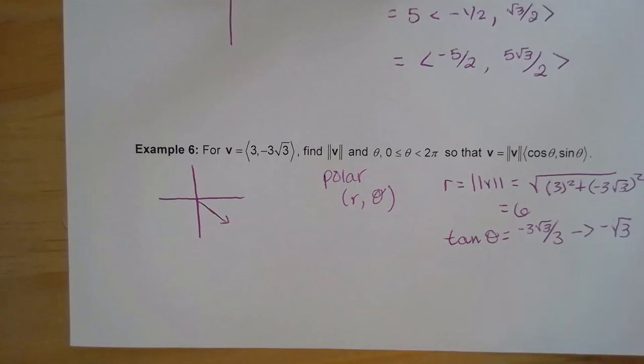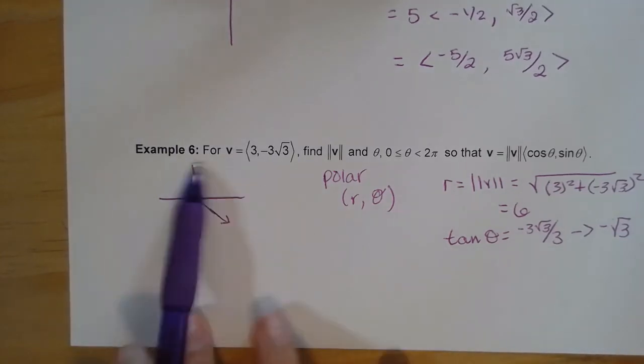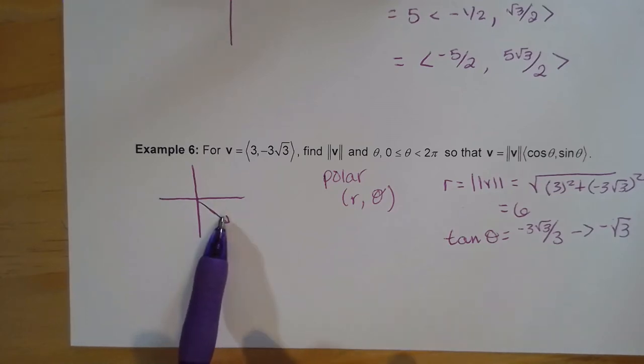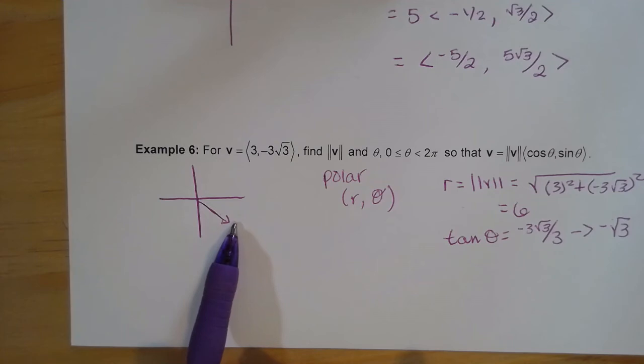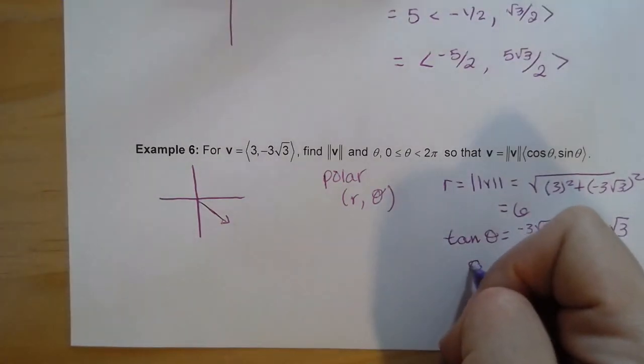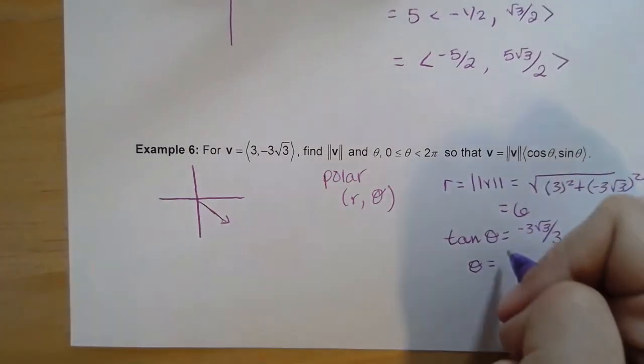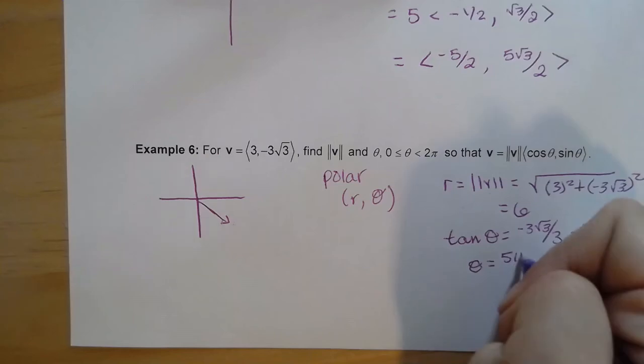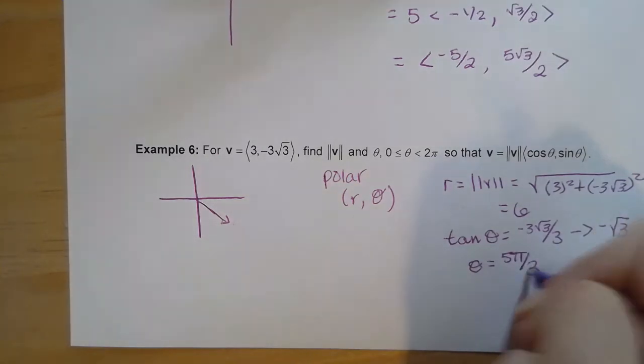So let's think, in case we're not able to use our calculator here. Let's go back. What would be our radian if we had negative square root of 3? Well, our theta would be 5 pi over 3.